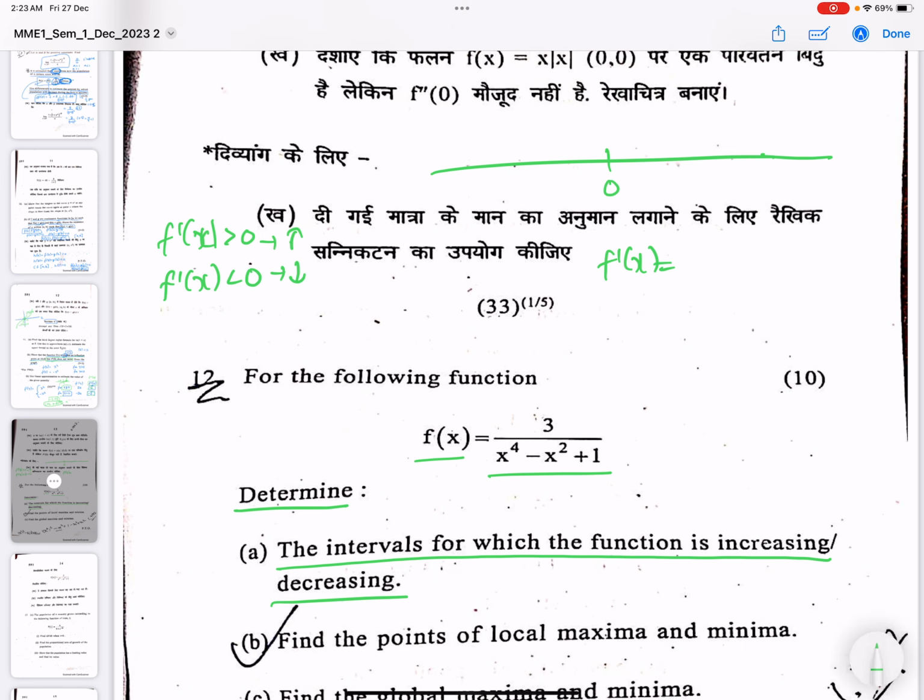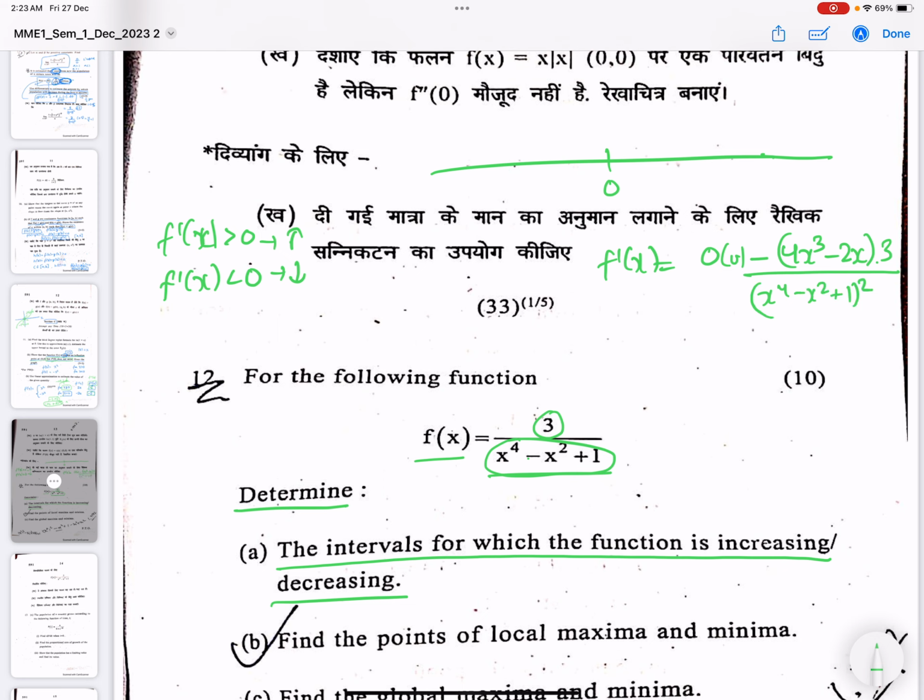f dash x would be u dash is 0, v which would be 0 only, minus v dash. This would be 4x cube minus 2x. Minus of 4x cube minus 2x into 3 upon x to the power 4 minus x square plus 1 whole square.